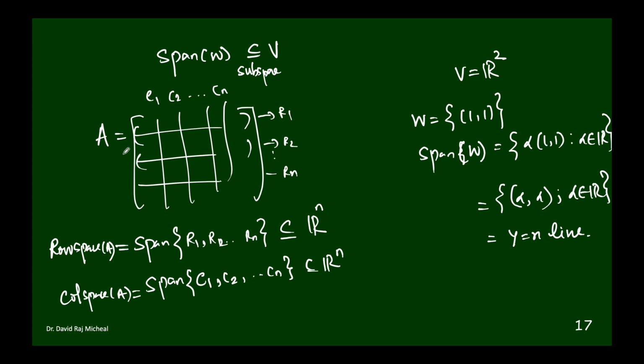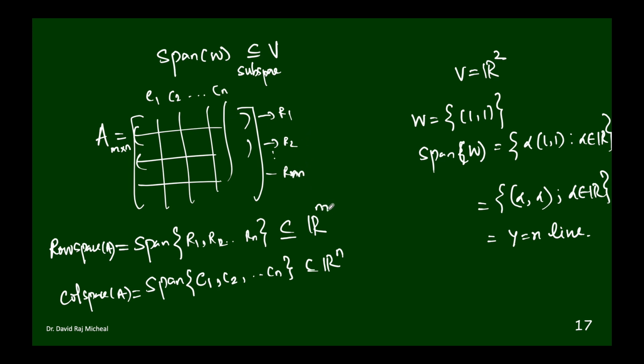Which means, given a matrix A, I can have two trivial subspaces, the row space of A and the column space of A, and those are nothing but subspaces of the corresponding spaces. Suppose this matrix A is m by n, then there will be m rows and n columns.